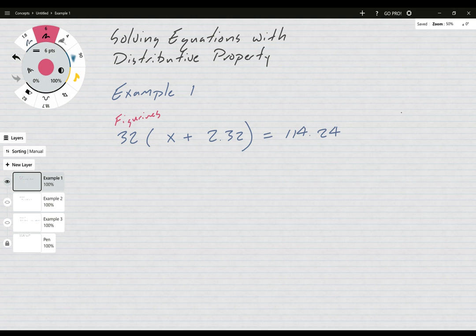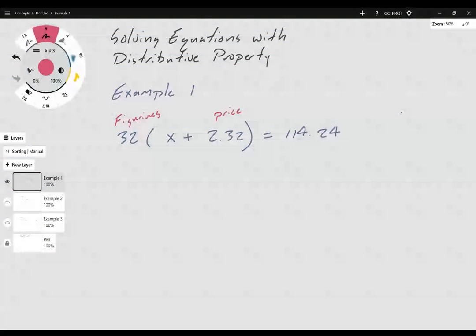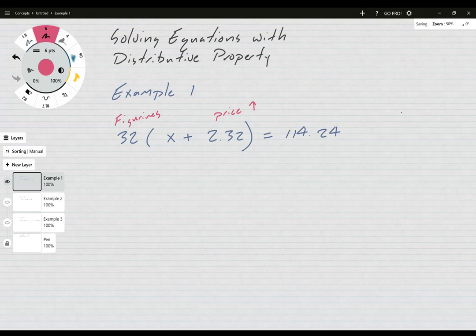The $2.32 was how much it increased by. The price increase, the $114.24, represents the total worth with the increase.